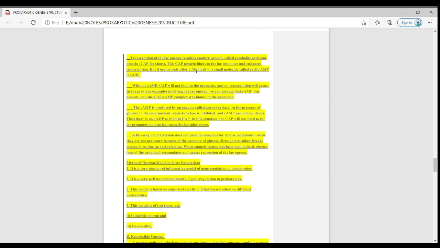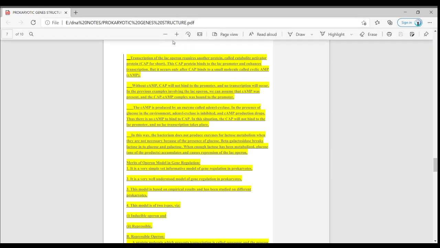But it occurs only after CAP binds to a small molecule called cyclic AMP, small c AMP, that is cyclic adenosine monophosphate. Without it, CAP will not bind to the promoter and no transcription will occur.